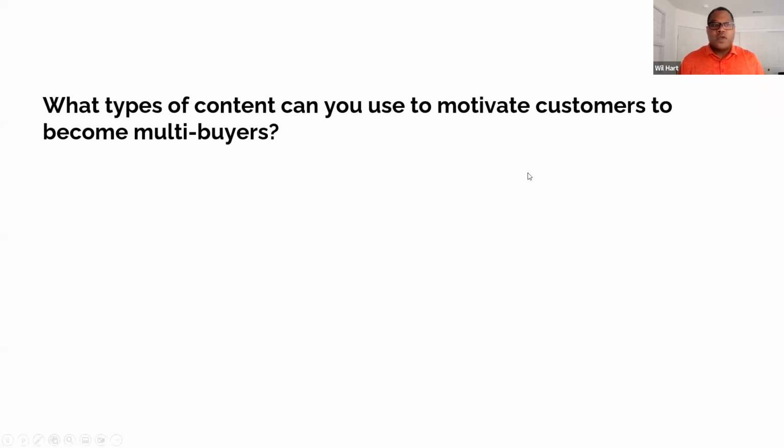So what types of content can you use to motivate customers to become multi-buyers? When they make a purchase from you, if you can make an offer that will help them get to the promised land, or to their goal faster, or to solve their problem quicker, maybe you elevate their experience that way.